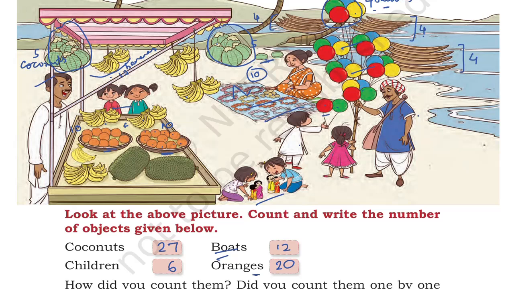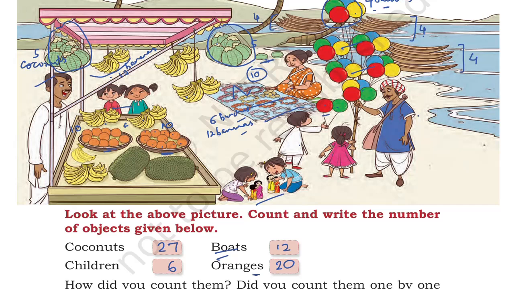So 3 plus 3, a total of 6 bunches of bananas. Each bunch has how many bananas? There are 12 bananas in each bunch. So we have 6 bunches with 12 bananas each.